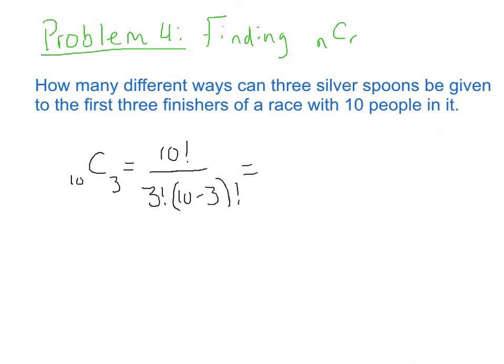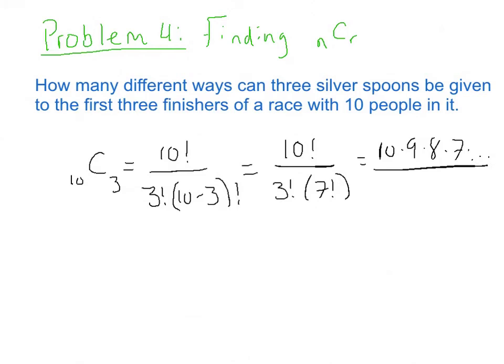Okay, now the way that I like to simplify this is we can look at what's inside the parentheses. We have 3 factorial times 10 minus 3, which is 7 factorial. And if we work this out, the 10 factorial is 10 times 9 times 8 times 7 times 6, 5, 4, 3, 2, 1.